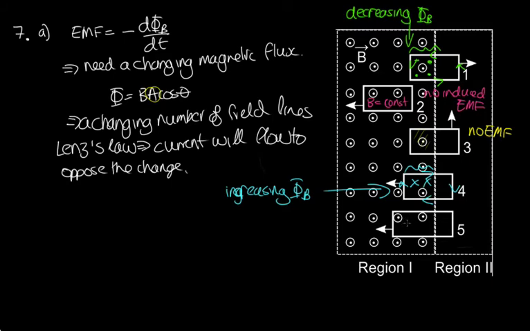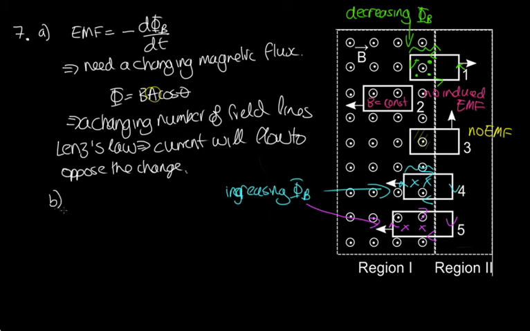Now loop number 5 is a bit longer than loop number 4, but it's traveling in the same direction. So again, it has an increasing magnetic flux, and we're going to get an induced magnetic field to try and cancel that out. So we're going to have induced magnetic field lines going into the screen, and the current is going to flow this way around our loop. So that's the answer to part A.